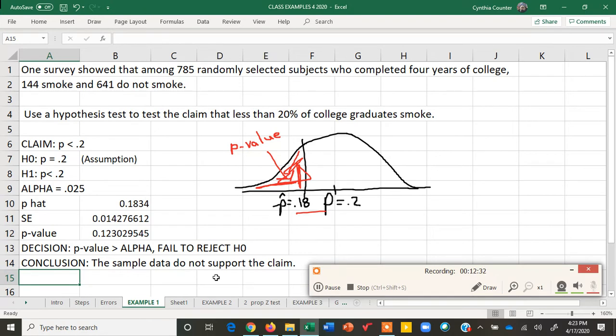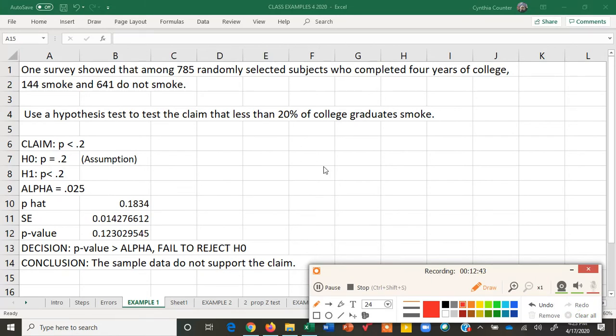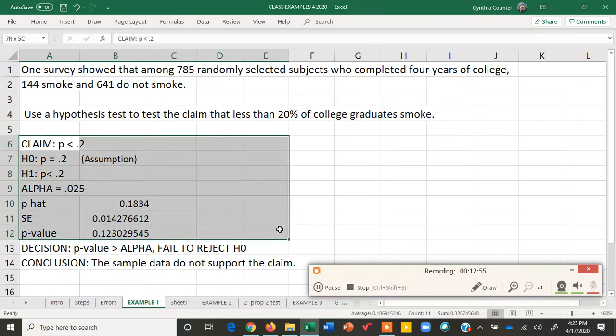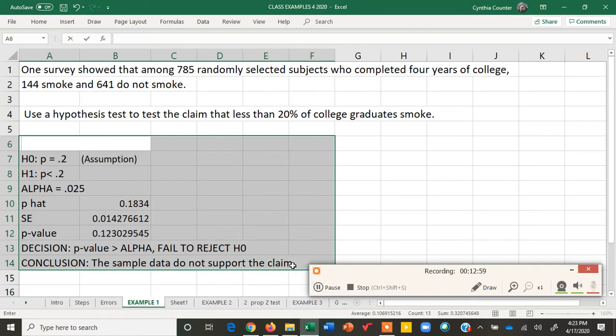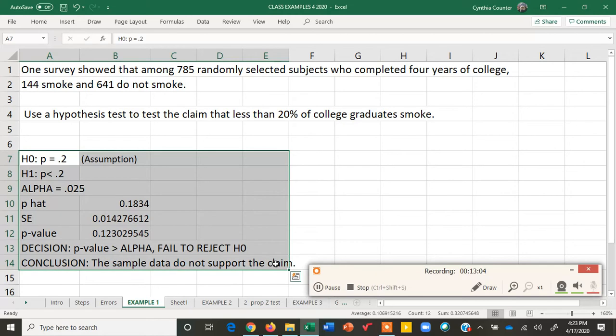Let's do another example using the same data, but with a different claim. So same example, same data, different claim. Let's start over here. I am going to delete all this, and we are going to do another one with a different claim.